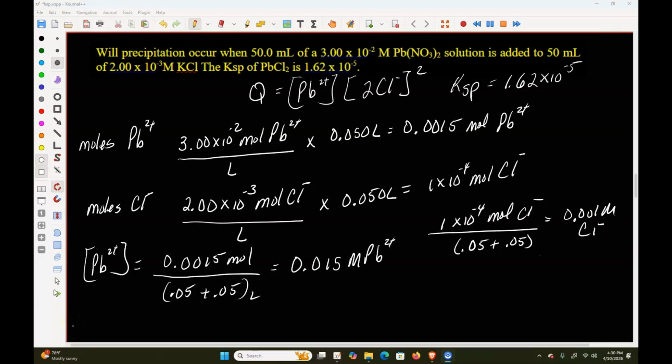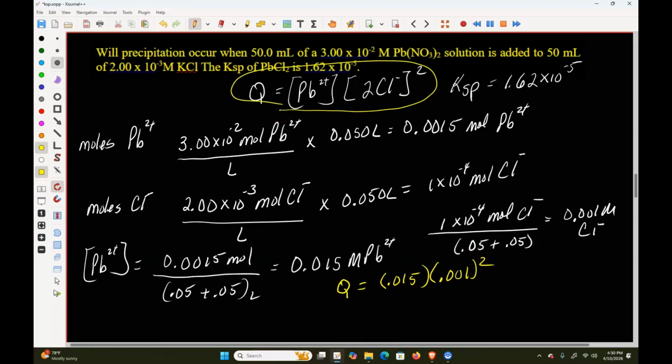Okay, let's solve for Q. So Q is going to equal 0.015 times 0.001 squared. I'm taking this equation here. So Q is going to equal 1.5 times 10 to the negative 8.